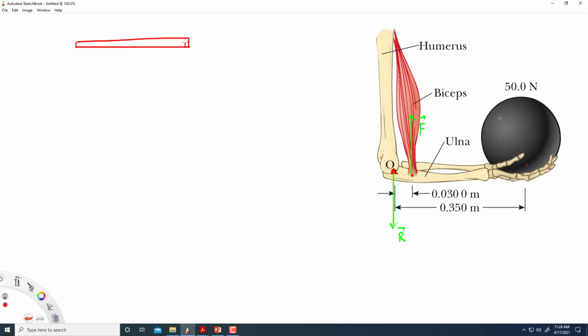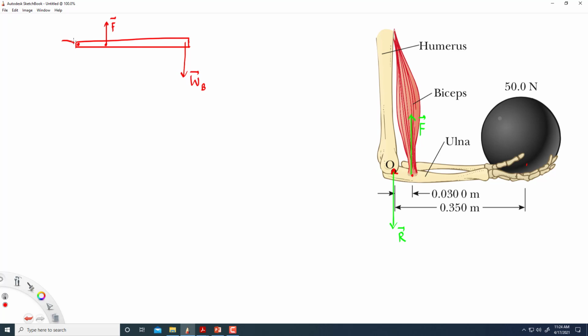So we have the weight of the ball vertically down, call that WB. There is the force of this biceps muscle upward. Okay, so that's F, and there is this pivot.